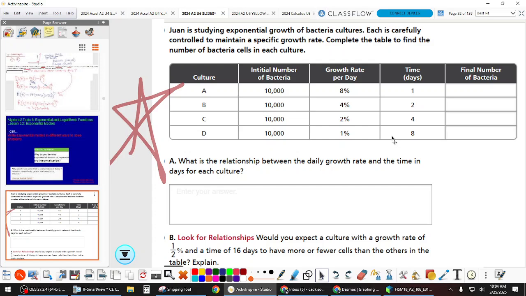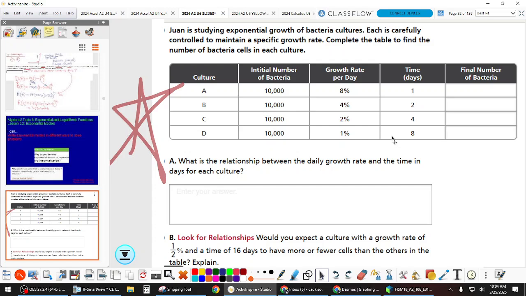If you're ready, go ahead and run the numbers for the final count. Also, do you know how you're plugging it in? Like the 1 plus 0.08 to the 1, right?